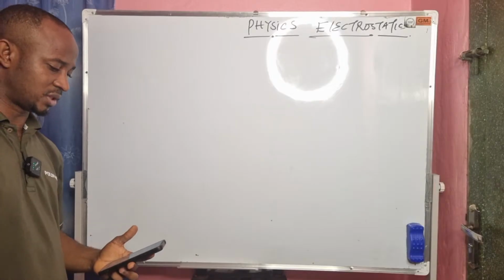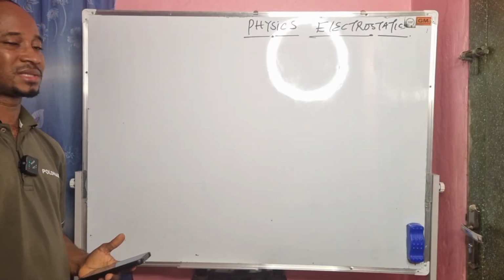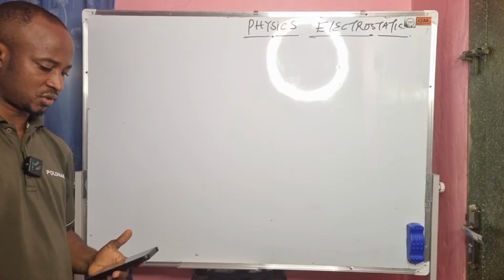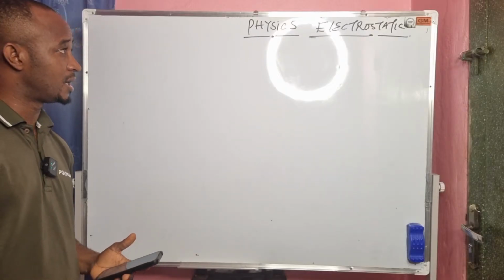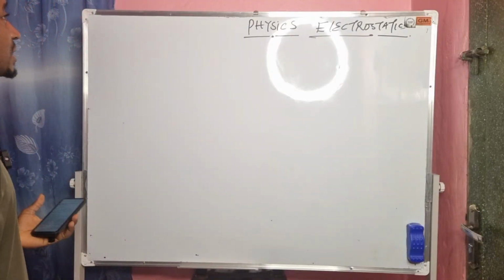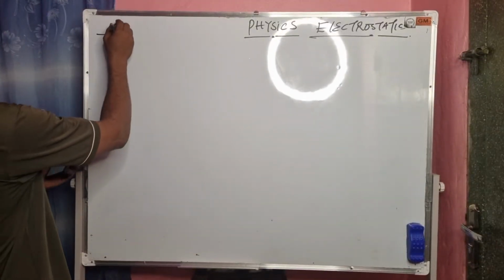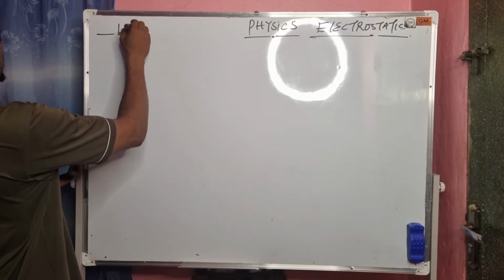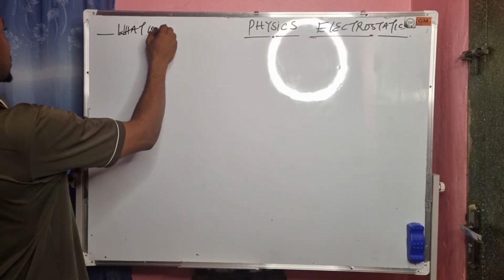All right, so we shall be looking at electrostatics in physics. Some of you already have an idea on this topic, but the course content for tonight, we shall be looking at what is electrostatics.